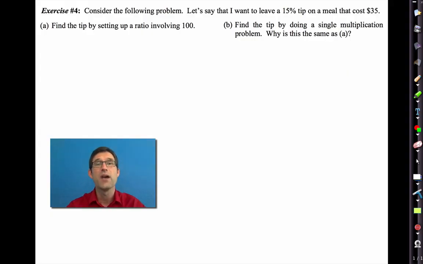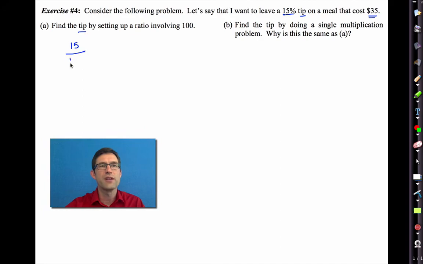I haven't yet. But anyway, let's start with a percent problem that's very common. When you go into a restaurant, you're supposed to leave at least a 15% tip on any meal. All right, so let's say we order a meal that costs $35 and we want to leave a 15% tip on the meal. Let's figure out what the tip is by just doing a ratio problem, right? That's simple enough, right?